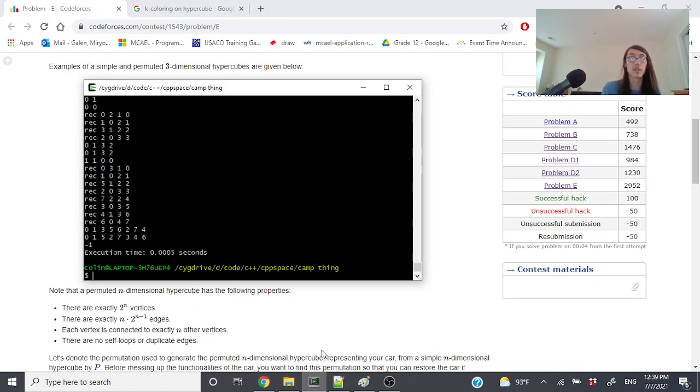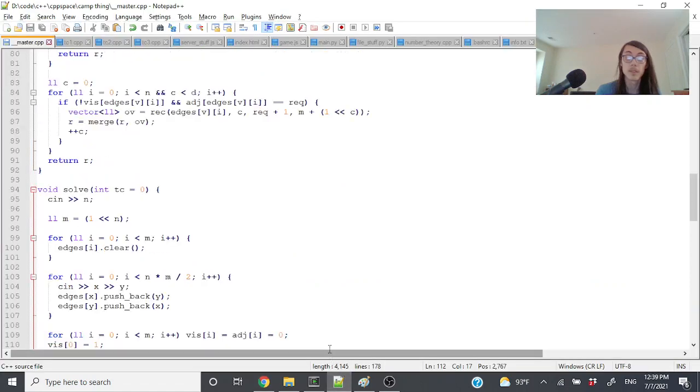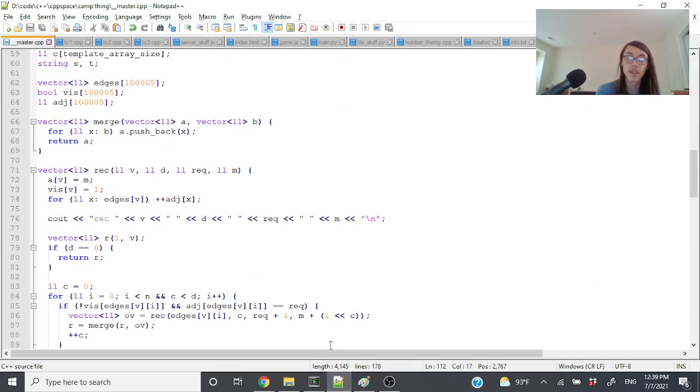No, it is not fine. Shoot. 0, 1, 5, 2. Why is that messed up, and everything else works?